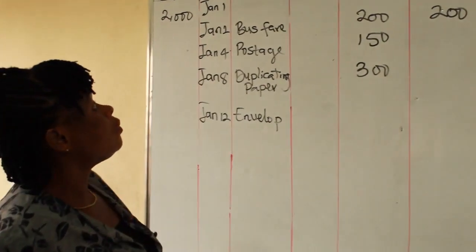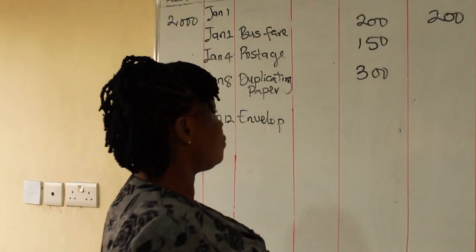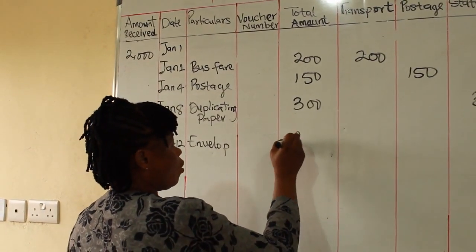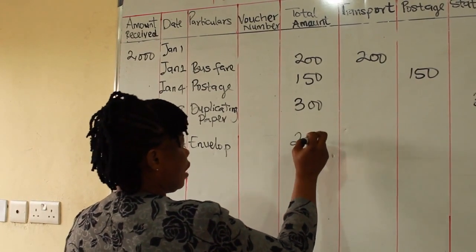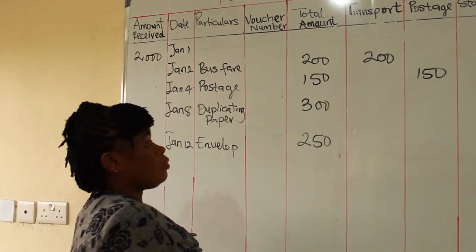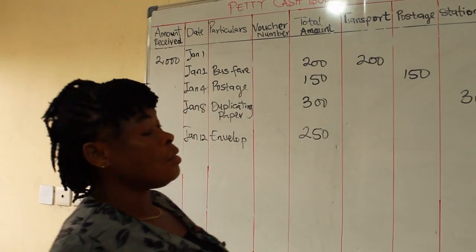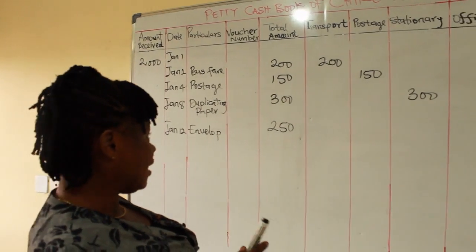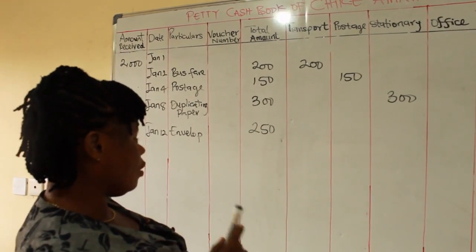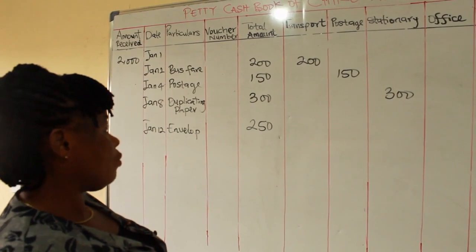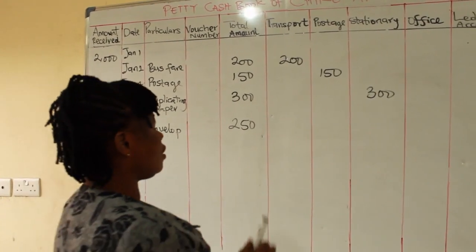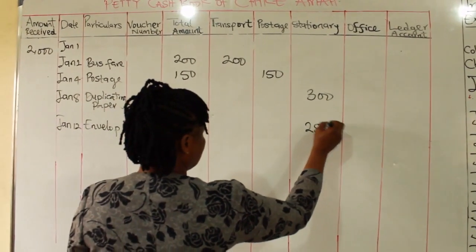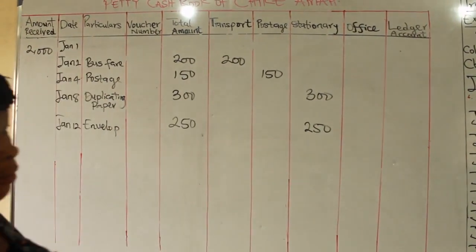Write envelope on the particulars column, and then you bring the amount 250 naira under the total amount. Then you post it to the credit side of the petty cash book by locating where envelope belongs. An envelope belongs on the stationery. 250 naira.